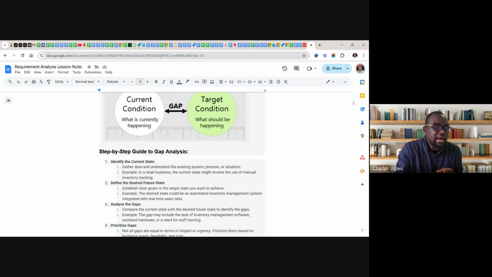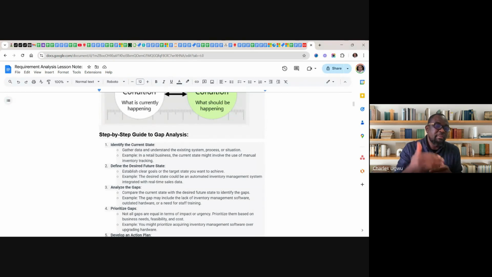So, to do that, we have a step-by-step process of this gap analysis. First, identify the current state, which is the manual. Gather data and understand the system process situation.